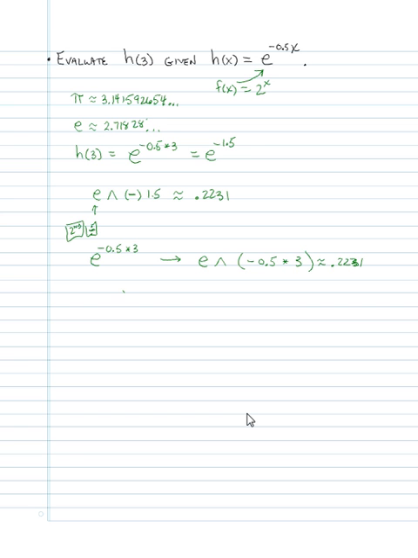What would be wrong, and I'm making a big X by that now, a lot of times I'll have students that will get the E correctly, and then they'll put the exponentiation key, and then negative 0.5, and then times 3. Of course, the difference is that we don't have any parentheses. The way your calculator interprets that is e to the power negative 0.5, and then after it calculates that, multiply by 3.